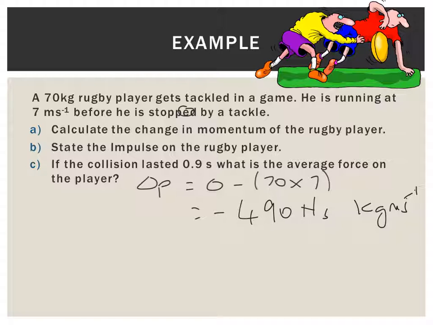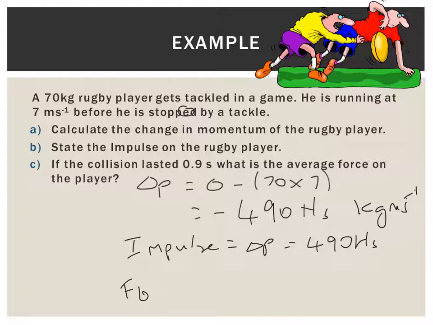State the impulse on the rugby player: same answer. So remember, impulse is equal to change of momentum, so therefore it's equal to 490 Ns. If the collision lasts 0.9 seconds, what is the average force on the player?